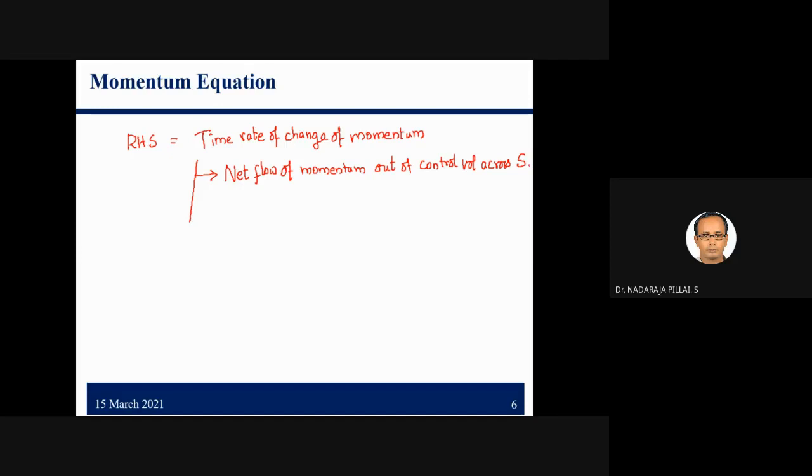And the other is the time rate of change of momentum due to unsteady fluctuations inside the volume V. So this is RHS1 and this is RHS2.